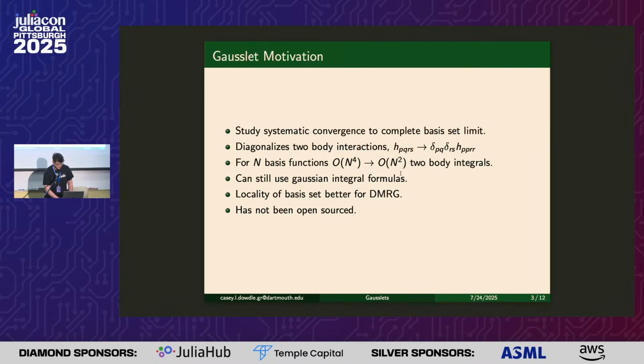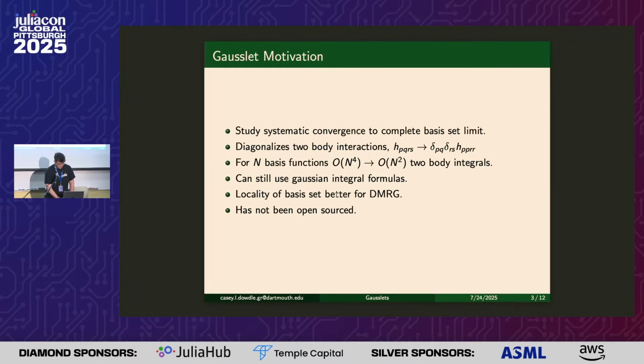For this particular basis set, this reduces the number of integrals you need to perform from order n to the fourth to order n to the squared. However, there is a large prefactor, because you need to add many more basis functions in order to compensate. You can still use Gaussian integral formulas, since they still come from a sum of Gaussians.